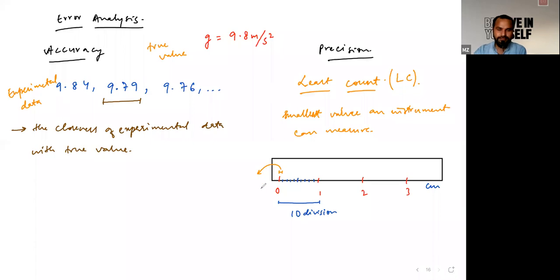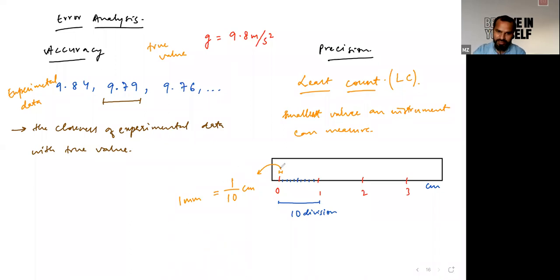Nida? I'm just asking in terms of these units. I've just divided 1 centimeter into 10 divisions. So it means 1 divided by 10 in terms of centimeter, and we can call it 1 mm. Is it clear to everyone? Yes.